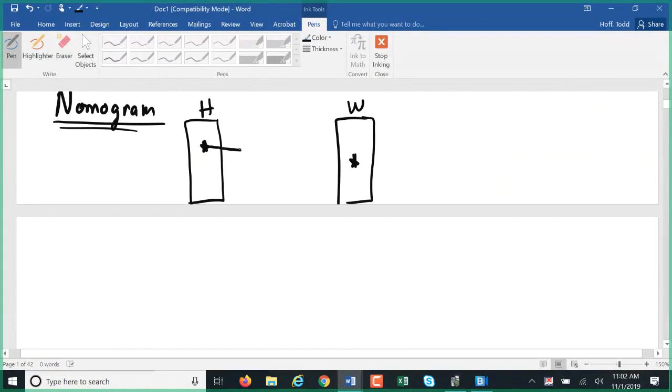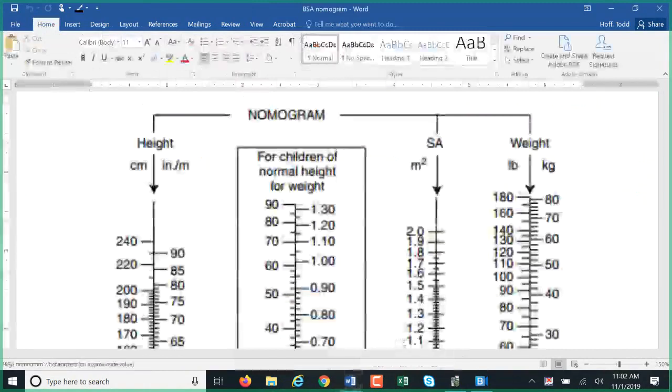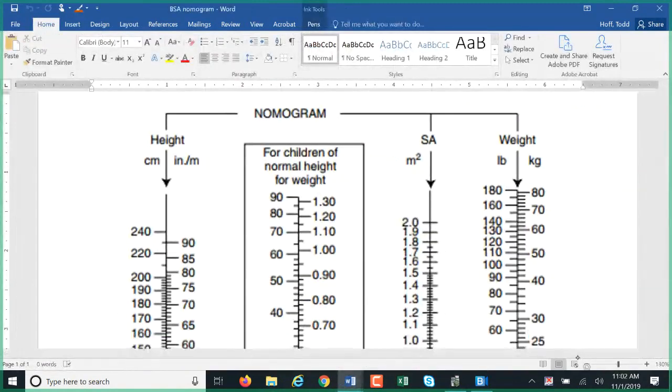You connect those 2 values from those scales, and somewhere in the middle you have that body surface area. So wherever that line crosses the scale on that body surface area, that is the amount for that patient. Nomograms are used in a lot of things to cross a relationship between 2 values and find what that would equate to as a third value. So the nomogram that's in our textbook looks like this.